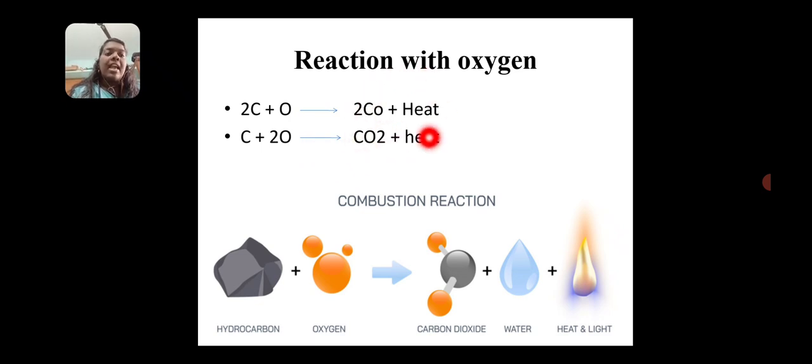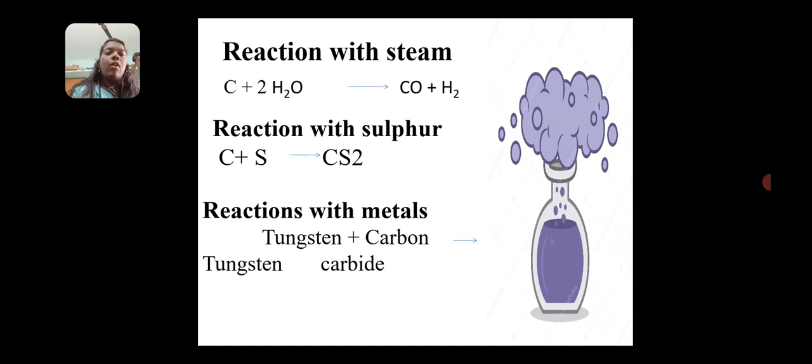Next, with steam it provides water gas, with sulfur it provides disulfide at high temperature, and with metals it gets carbides. So these are some of the chemical properties of carbon.